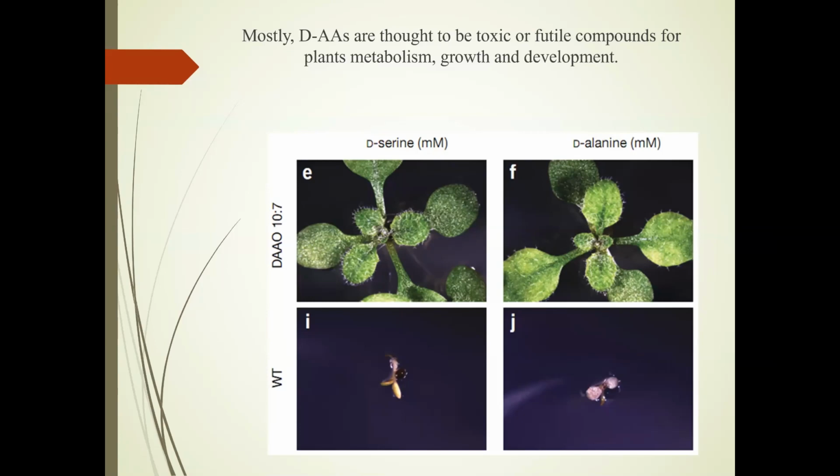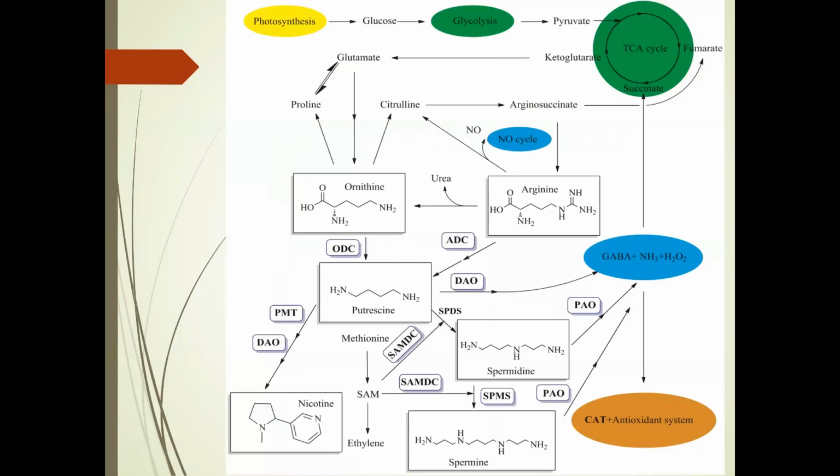You can see that these plants are treated with D-serine and D-alanine, but the fact is they are actually mutant plants with the amino acid oxidase genes, so they can metabolize the amino acids and they can survive. And on the bottom side, you can see the wild type plant, which are actually dead because of the treatment with the amino acids. What I did was a study of ornithine metabolism in plants.